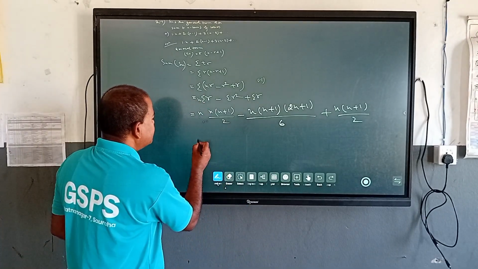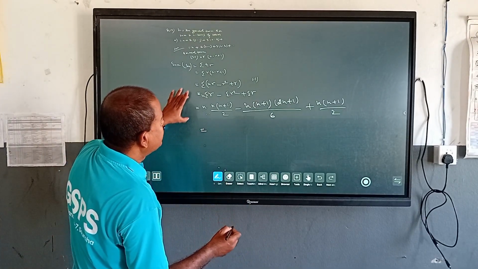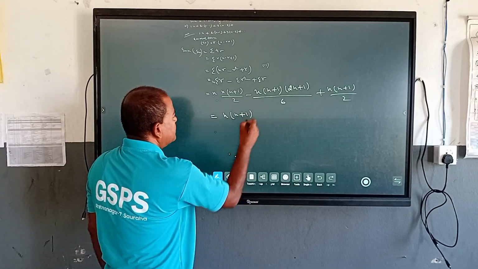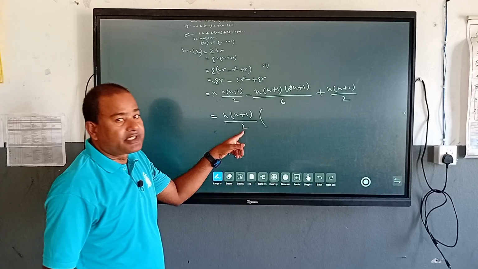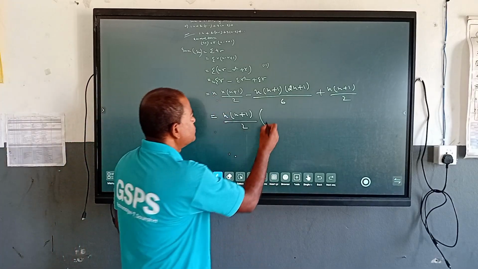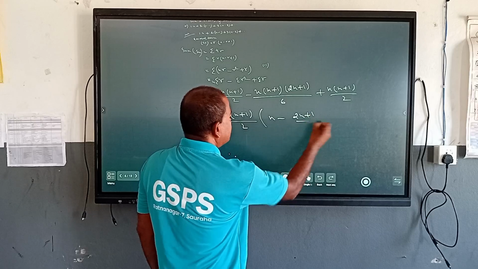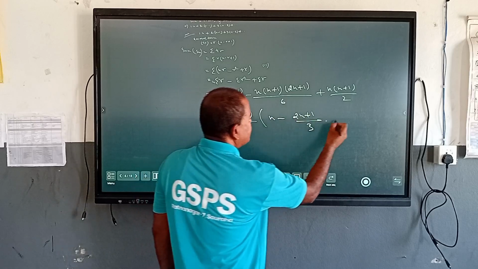So let's take common. Dear students, if we take n plus 1 divided by 2 common, then the remaining terms will be n, 2n plus 1, 2 3s are 6.